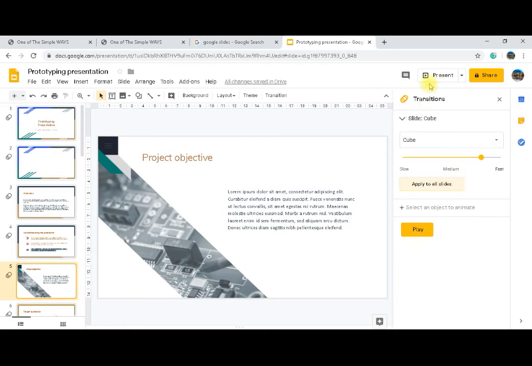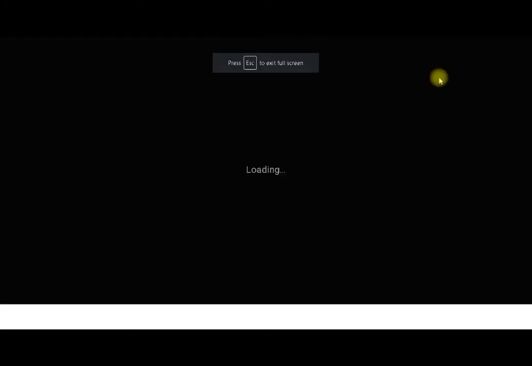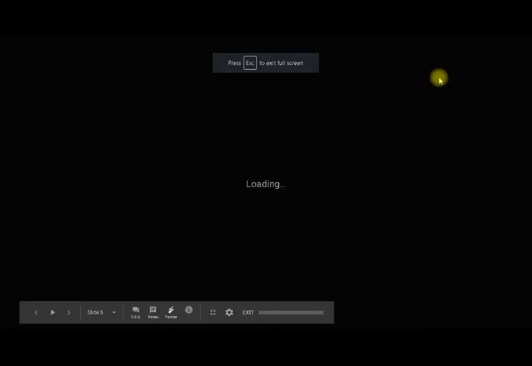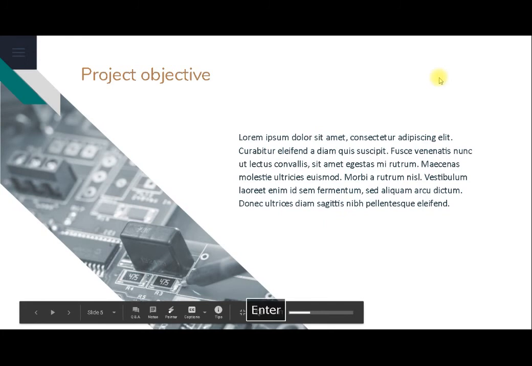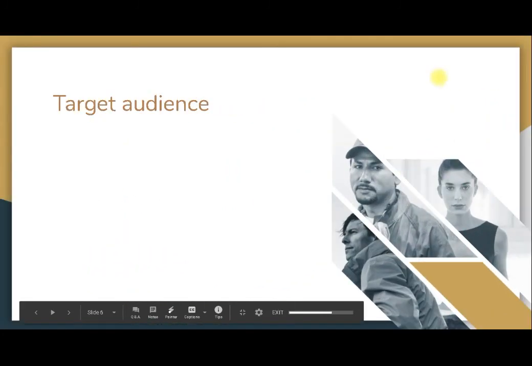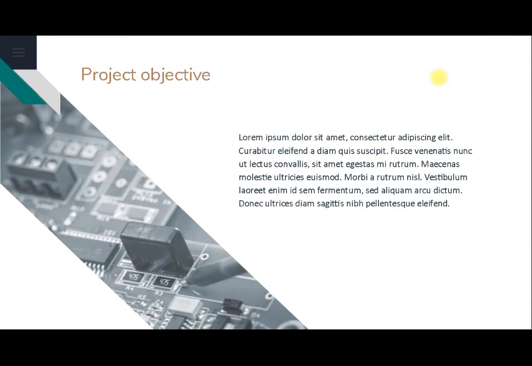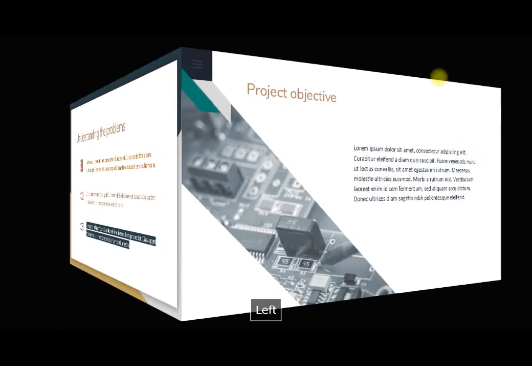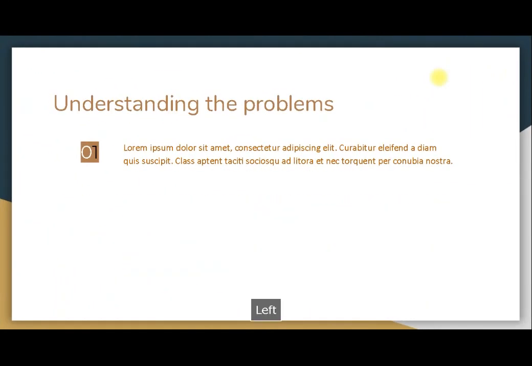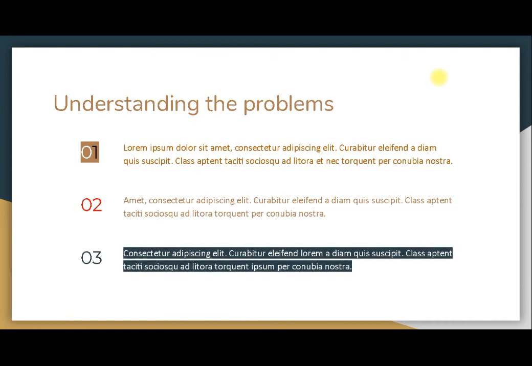Then I present again. Okay, now you can see the cube working. If you can return back with your left arrow, okay, you can remove the points, start again, enter. First point is appearing, second point is appearing, and third point is appearing. Okay.